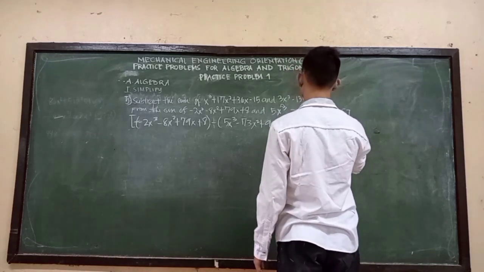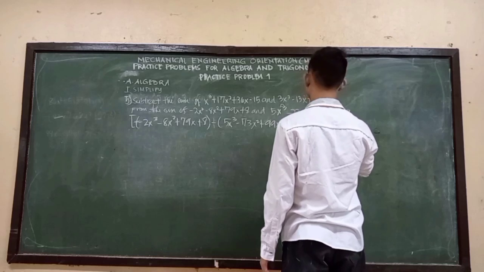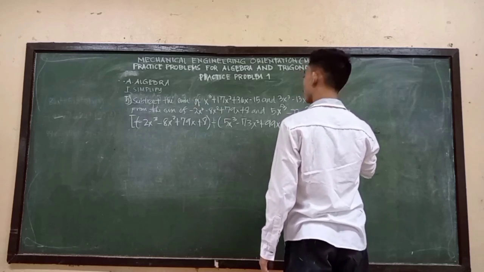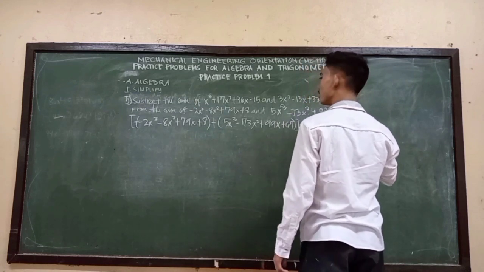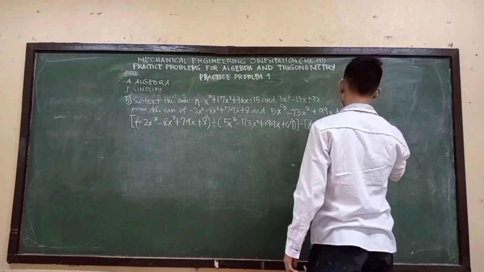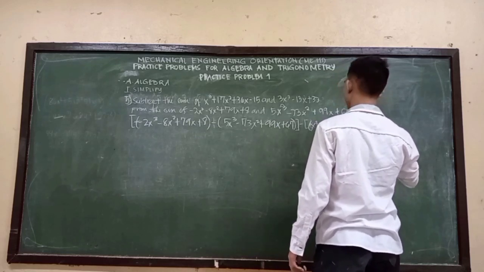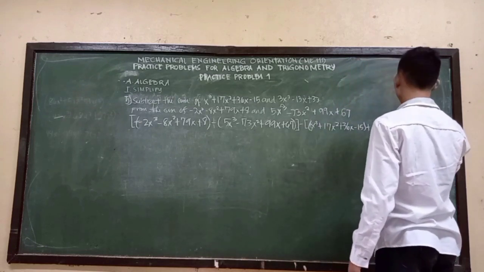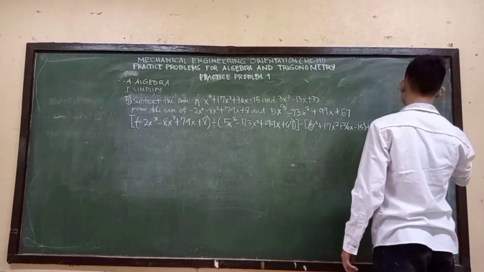Minus x cubed plus 17x squared plus 36x minus 15 plus 3x cubed minus 13x plus 33.